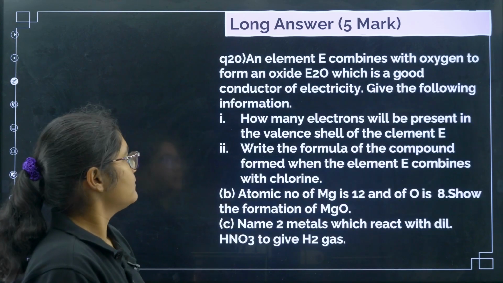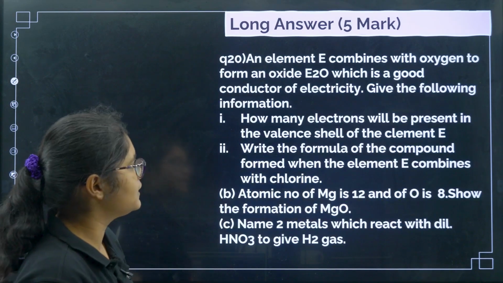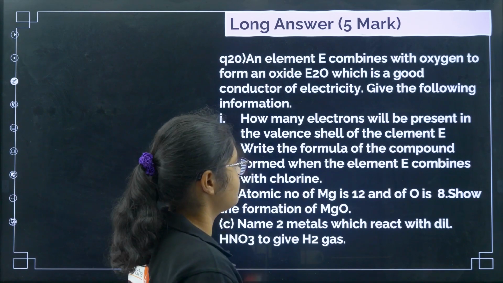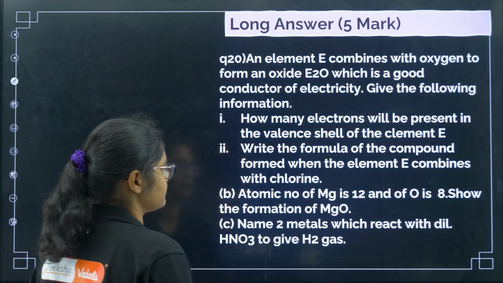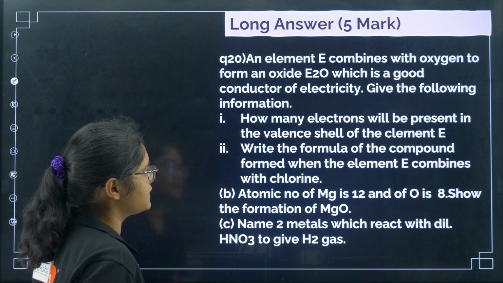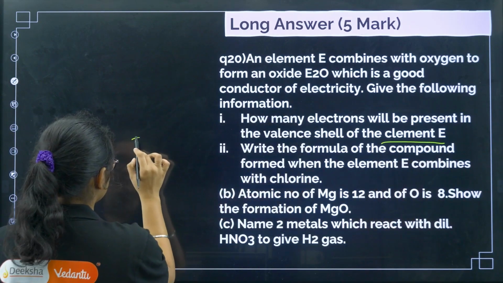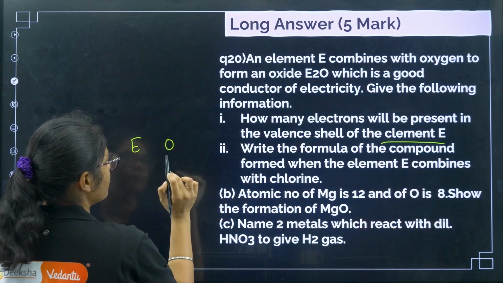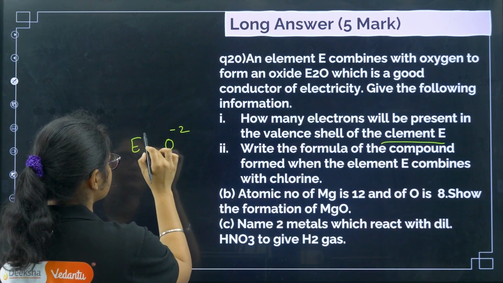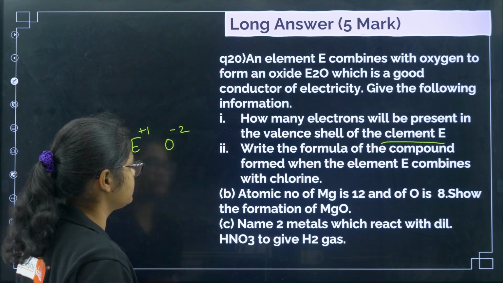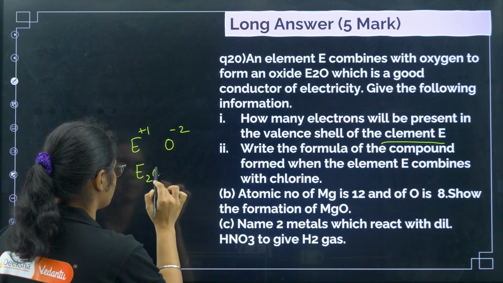Now coming to the last question here, an element E combines with oxygen to form an oxide E2O, which is a good conductor of electricity. Give the following information. How many electrons will be present in the valence shell of the element E? So here it is O2- and here E must be +1, then this combination has taken place to give you E2O, right?